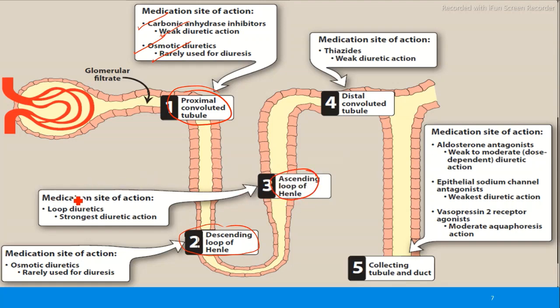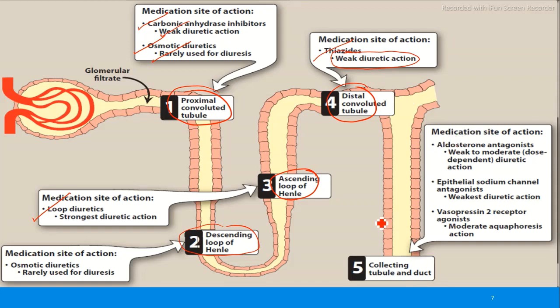Here the drugs that act are the loop diuretics, which are the strongest among all the diuretics, the sodium potassium 2 chloride transporter inhibitors. Then we have the fourth site, the distal convoluted tubule, and the drugs which act here are the thiazides, which have a weak or medium efficacy diuretic action.